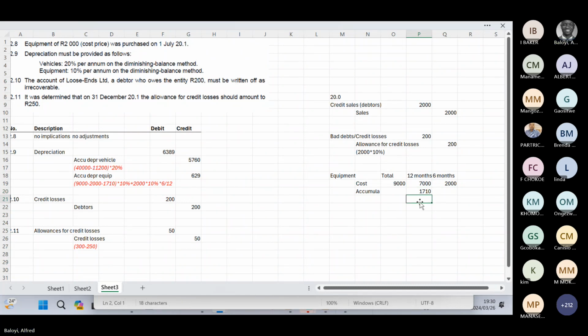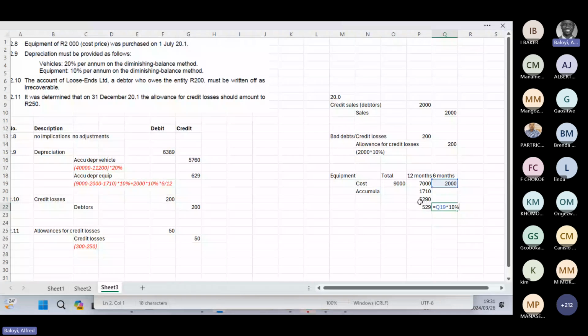So when you calculate this, you will take this, subtract this, and then calculate the 10% of this one. And then this one you will calculate separately. It will be this 2,000 multiplied by the 10%.